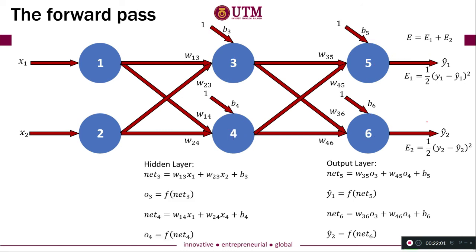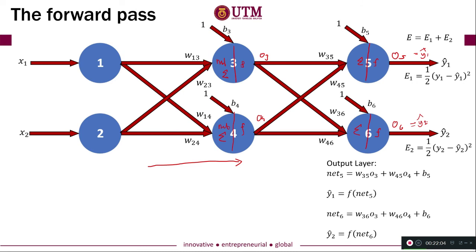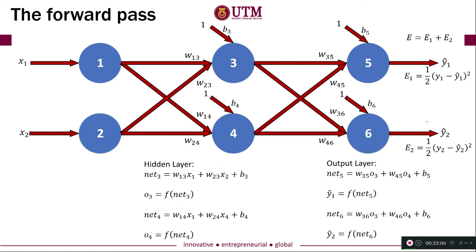Then if I summarize the forward pass, these are the equations that happen at the hidden layer. This is what you compute. Once you know this, then based on this result, you use it to compute this one, because O3 is here, O4 here.